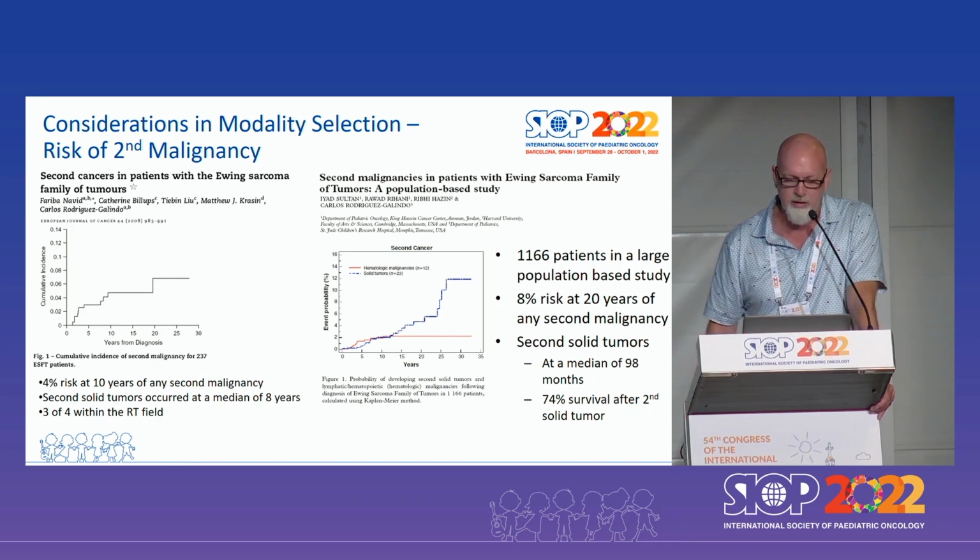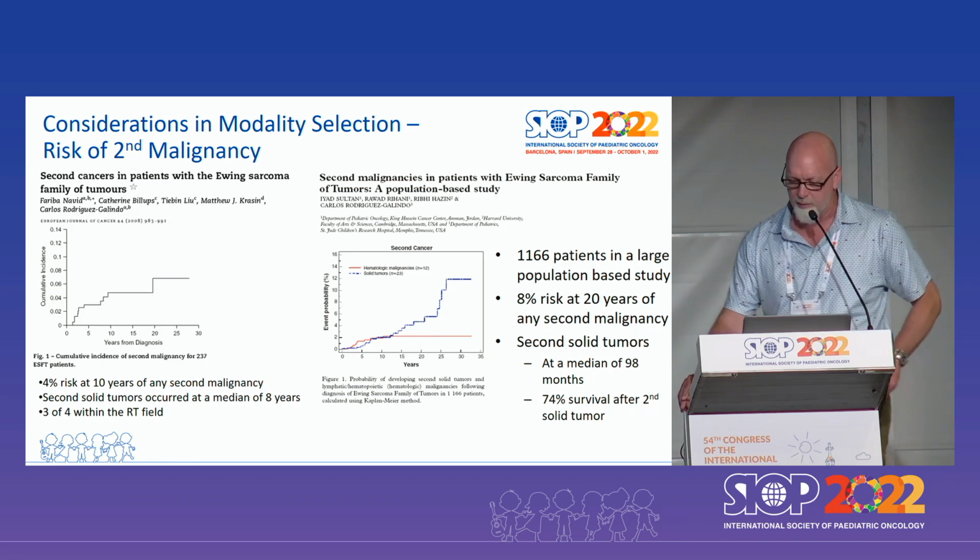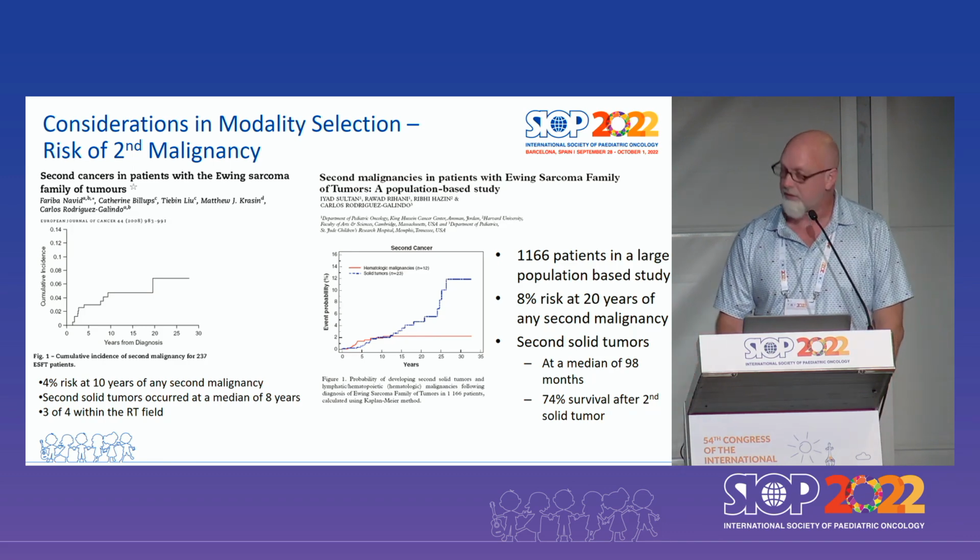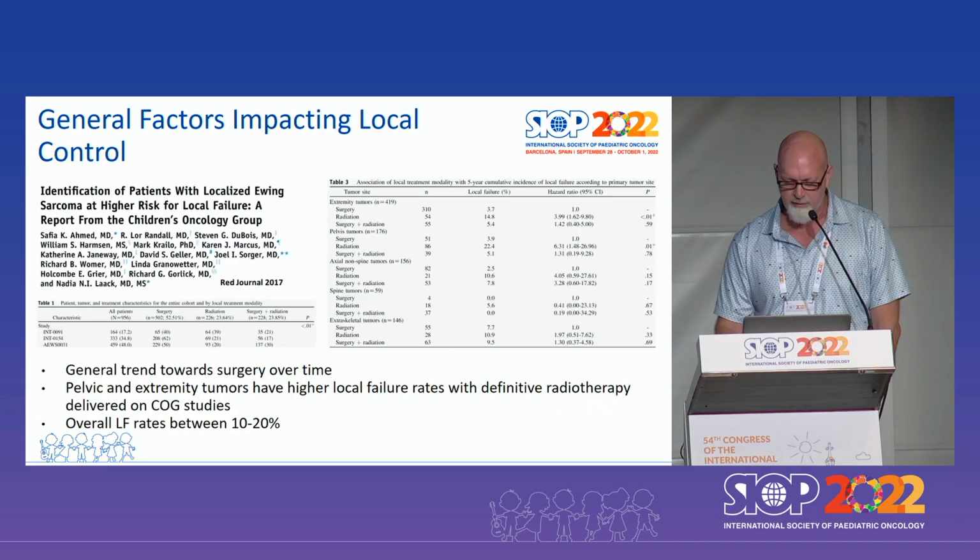And then this larger article by Iyad Sultan that looked at over 1,100 patients found about an 8% risk at 20 years of any second malignancy. And again, secondary solid tumors occur out a number of years. So this is a significant consideration when we're thinking about adding or using radiation therapy.